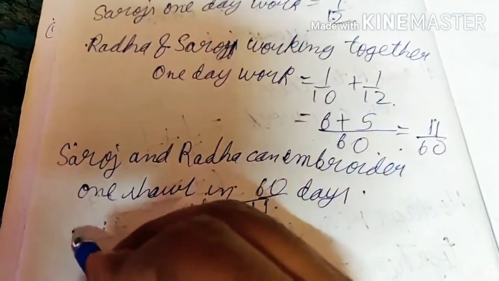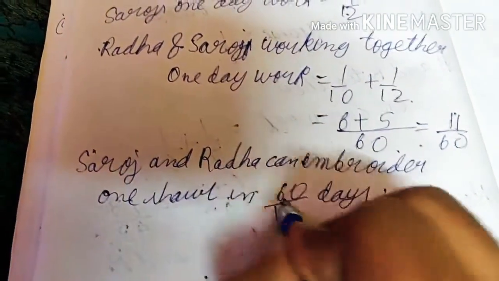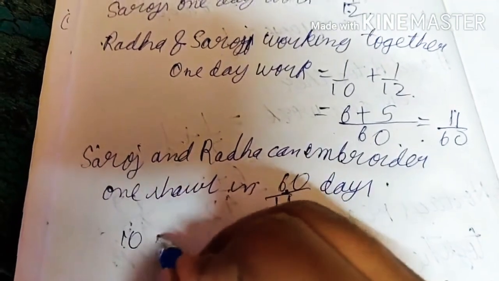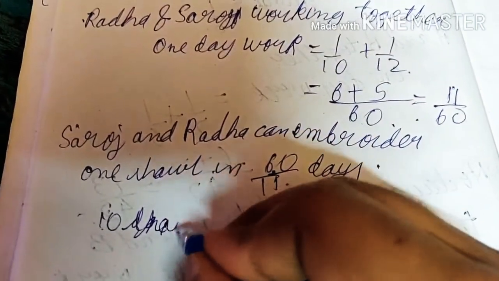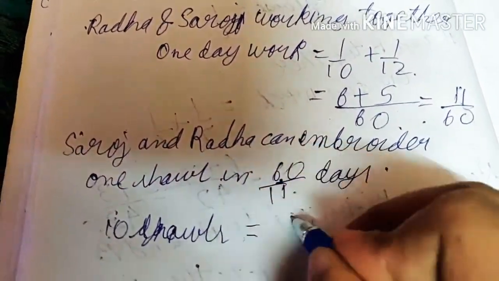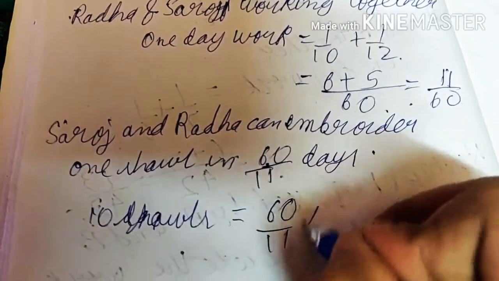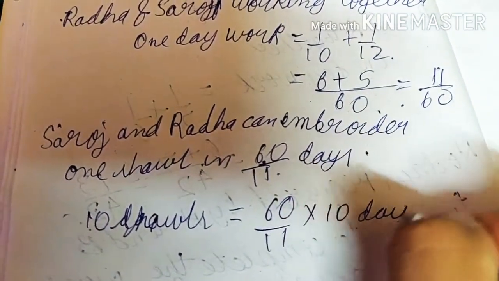So one shawl takes 60 by 11 days, then we have to calculate for 10 shawls. 10 shawls equal 60 by 11 into 10 days.